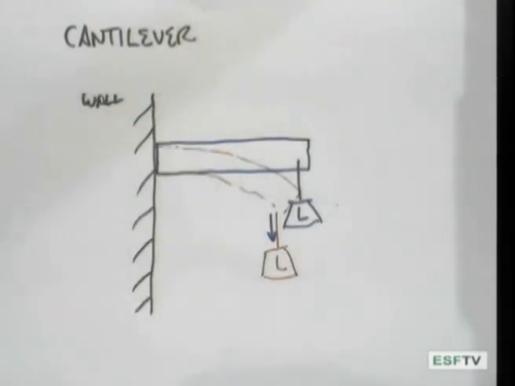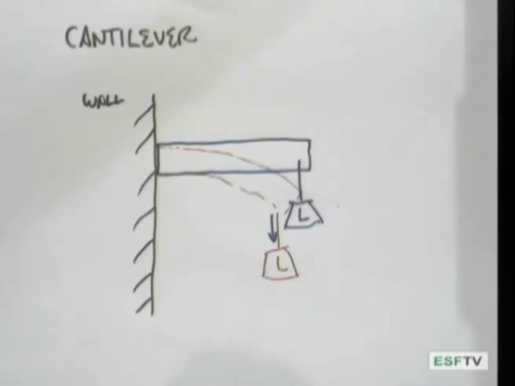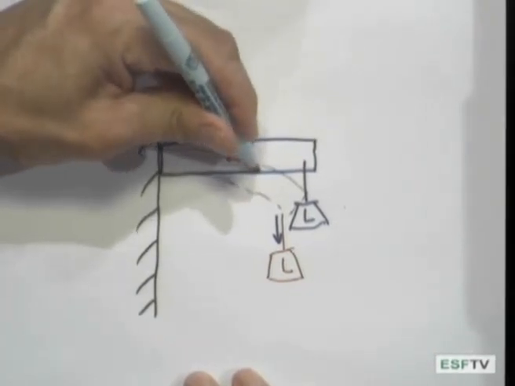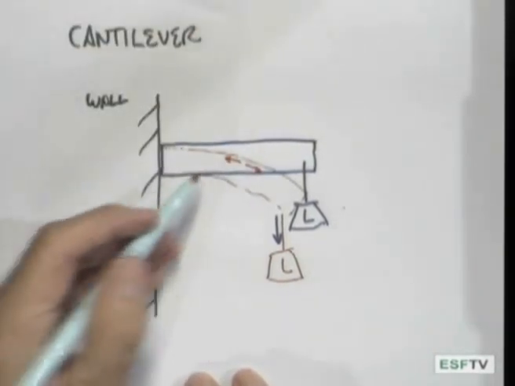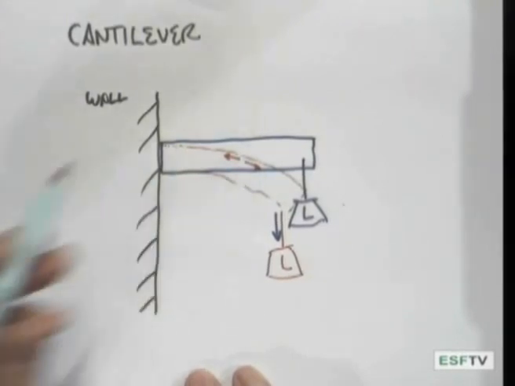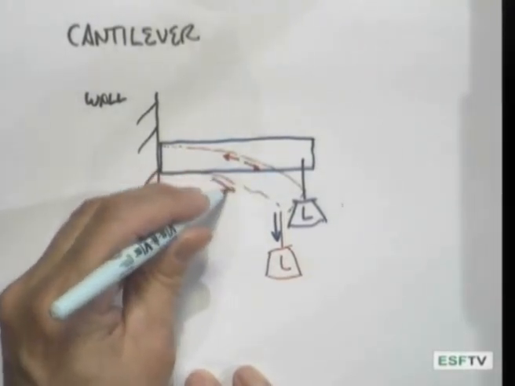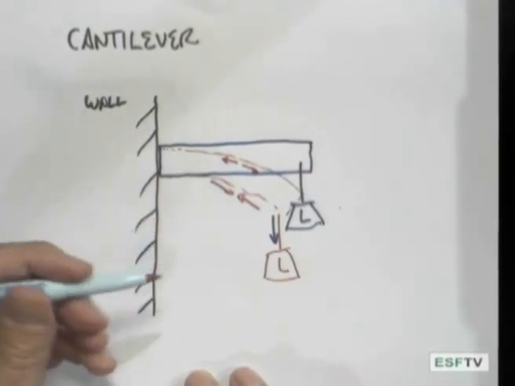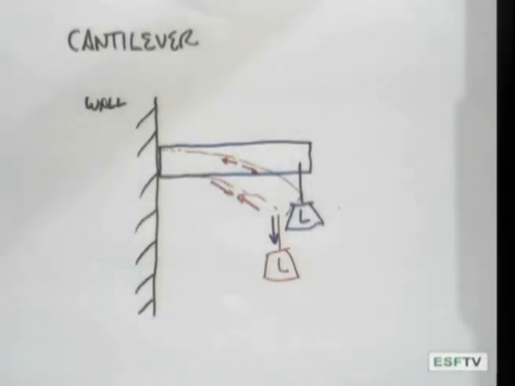Now, you'll remember when we spoke about beams, this is distributing the load in different ways. In this area right here, the beam is stretched. In other words, the load is carried under tension here. And this part of the beam is compressed. In other words, the load is carried by compression at that point.